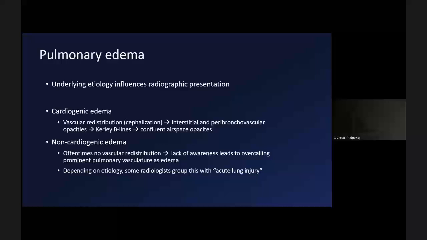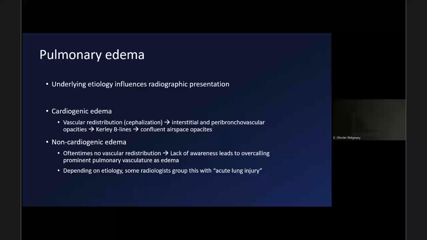So for cardiogenic edema, first, typically we see vascular redistribution, which we also term cephalization. What that just means is the blood flow is being directed into the upper lobes. So we see the upper lobe pulmonary vasculature stand out more prominently, becomes a little bit wider, more opaque or brighter, whatever term you want to use. We can see it more easily.